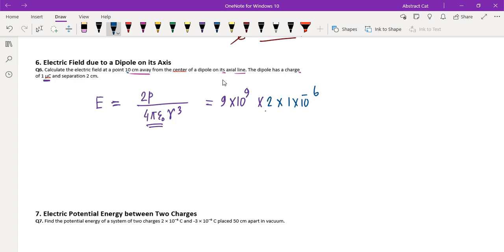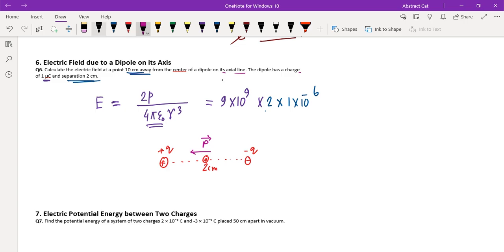The point is 10 centimeter away from the center and the separation is 2 centimeter. Actually the diagram looks like this: plus q and there is a minus q. Separation between these two is 2 centimeter, that is the dipole center, and the dipole moment P, we know, is in the minus to plus direction, and the electric field is 10 centimeter away from the center.